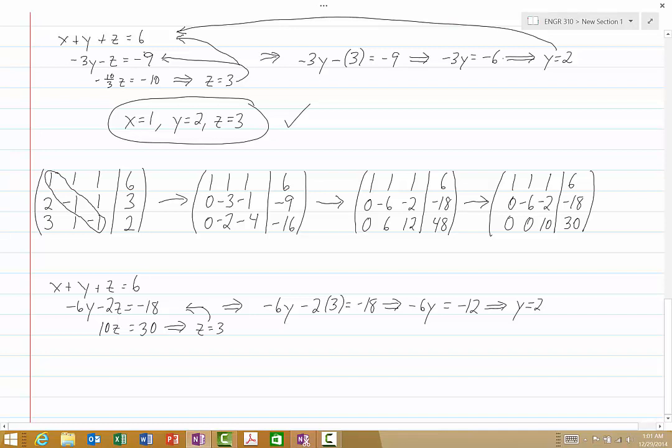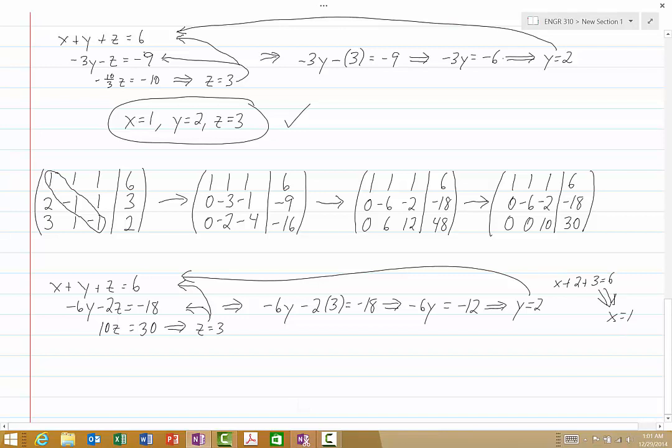Then we plug z equals 3 and y equals 2 into the first equation, and we get x plus 2 plus 3 equals 6, which implies that x is equal to 1.